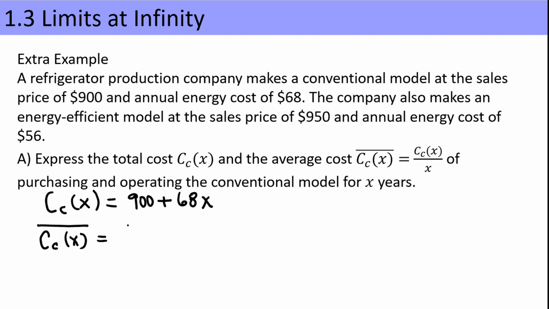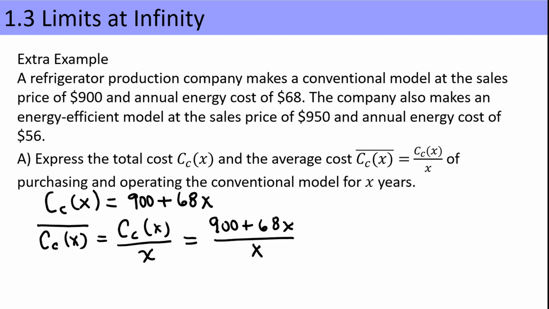That is equal to the ratio of C sub c of x divided by just x. So in the numerator, we will have 900 plus 68x divided by x, and after we simplify, we will get that the average cost of maintaining a conventional model for x years is 900 divided by x plus 68.